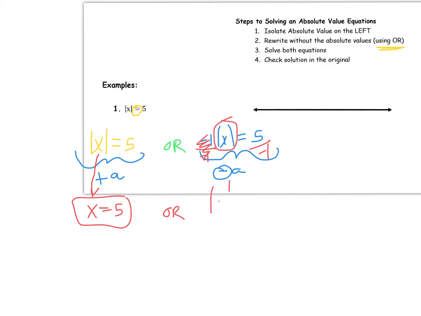So the absolute value of x is going to equal negative 5. Then I break the bars, x is going to equal negative 5. Now what we have to do is check our final answers with our original problem.